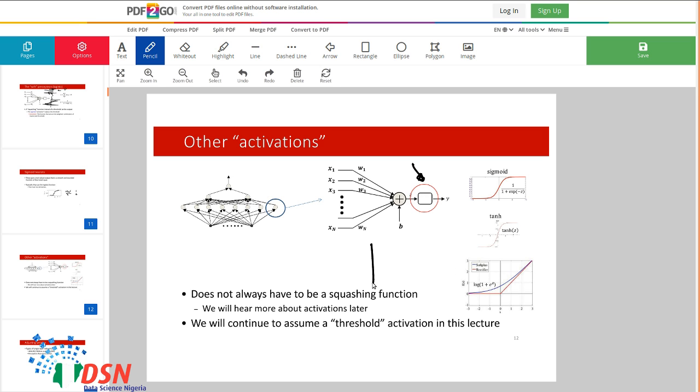One of them is actually log of 1 plus exponent of x, which is something like this. Instead of that, we have what is called ReLU, where in here we have 0, and in here we have y is equal to x, or it could be expressed as max of 0 and x. Okay, so we call it ReLU.